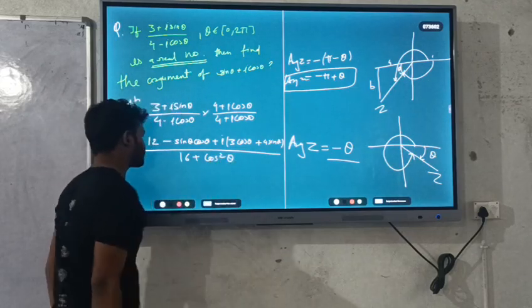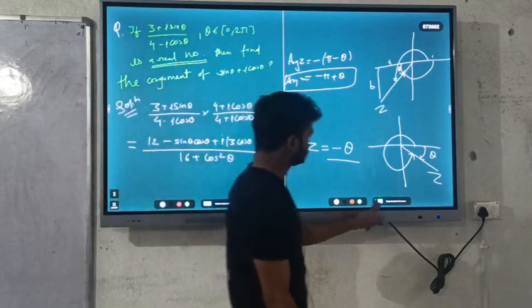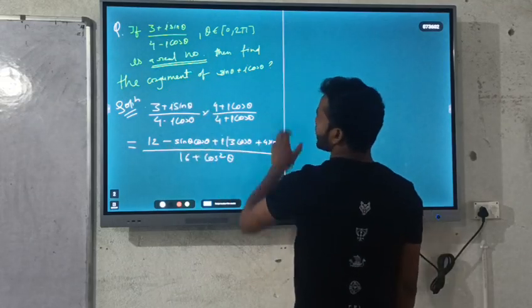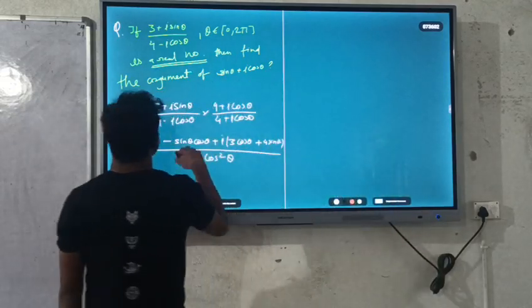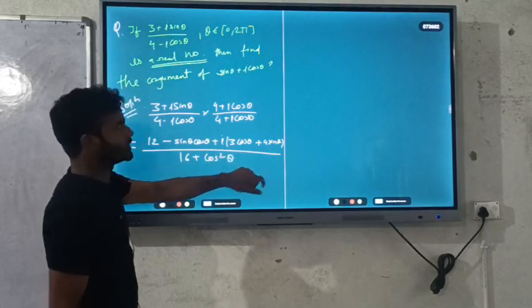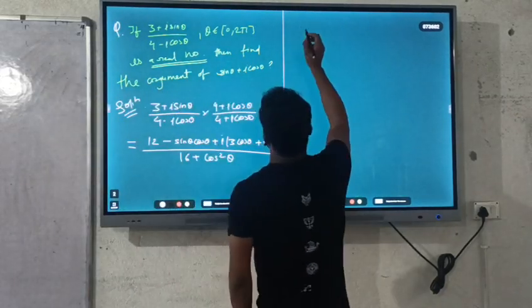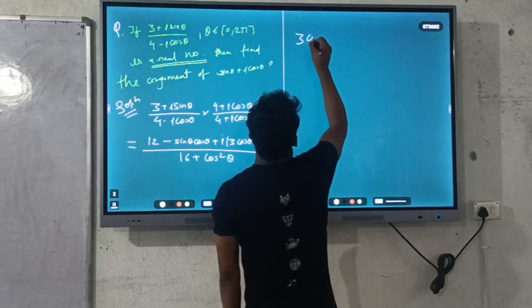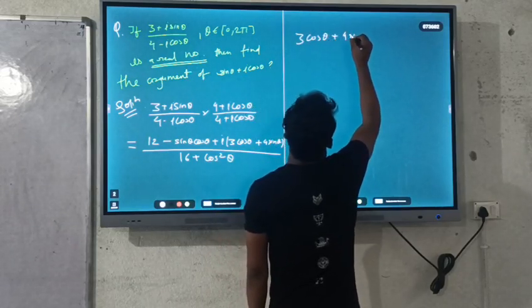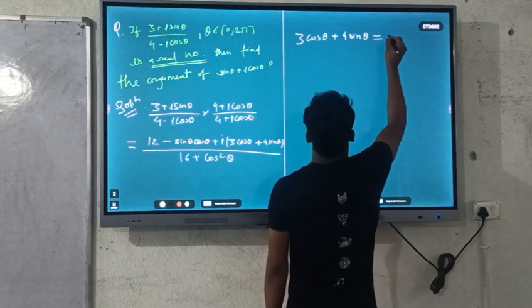Now see, as it's mentioned that this is a real number, the imaginary part of this number must be 0. What is the imaginary part? This part is imaginary, so the imaginary part of that is 0. So taking the information given in the question, this expression becomes 0.